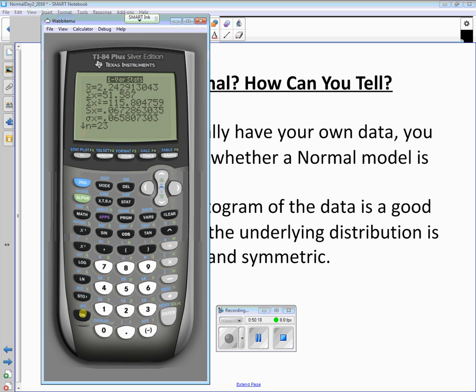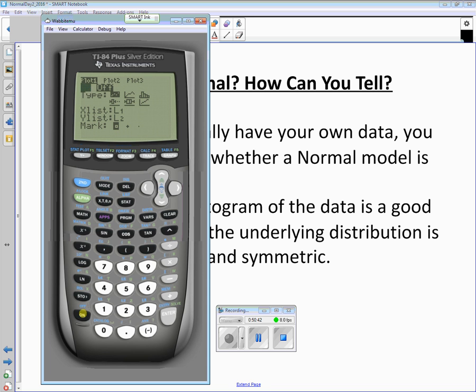The calculator can draw a sort of that. What stat plot would I go to to see a shape? Probably a histogram, wouldn't you say? Wouldn't a histogram show a shape?